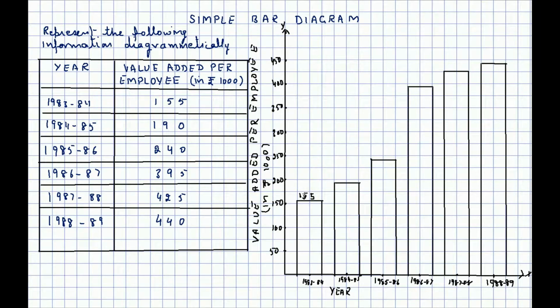Keep it in mind that the starting gap need not be the same as the other gaps. The third point is on the top of every bar write the value of the given bar. In the end write the scale as well as the title.